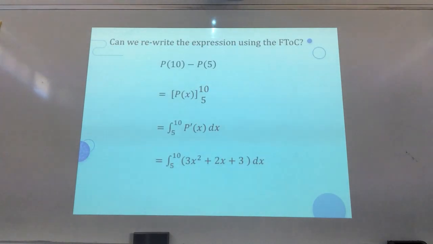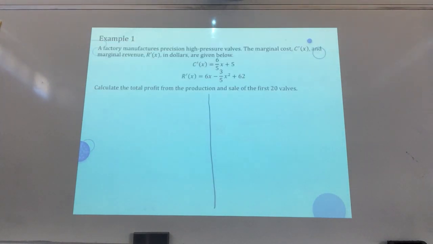All right? So let's start off by looking at some examples. Example 1. You've got to think back to when we looked at marginal cost, marginal revenue, and marginal profit. In differentiation, if we know a cost function, dC/dx, or C'(x), is the marginal cost.